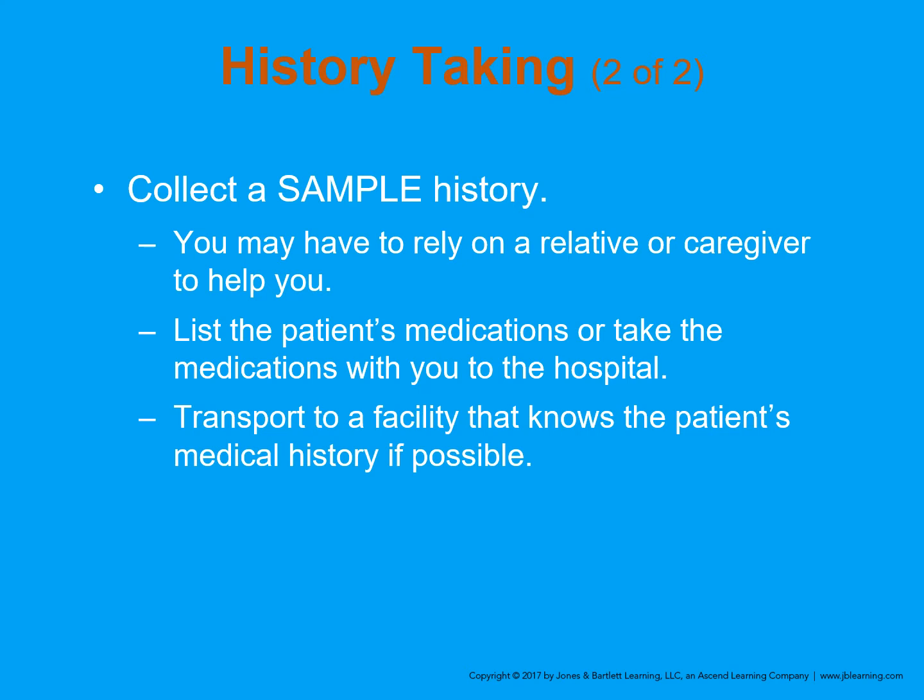You might have to rely on a relative or caregiver to help you. Generally, that's fine. They have people that love them and have known them at least all of the relatives' lives. And they know their history. They know their medications. They know what's going on. So it's all right to have to rely on them.